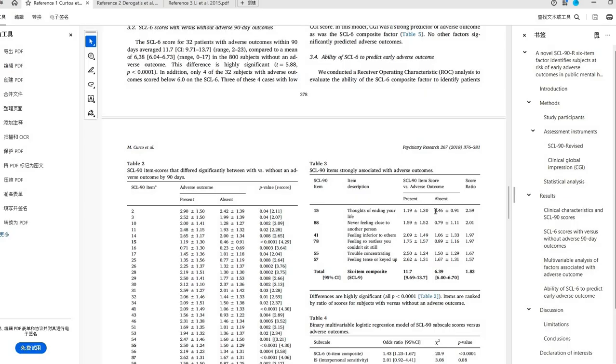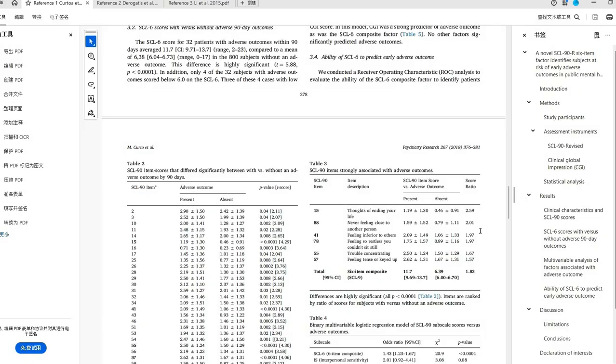For people who don't have adverse outcomes, the mean, the average was 0.46, and the ratio was 2.59. That means the people with adverse outcomes are 2.59 times as high on this item as those who don't have adverse outcomes.